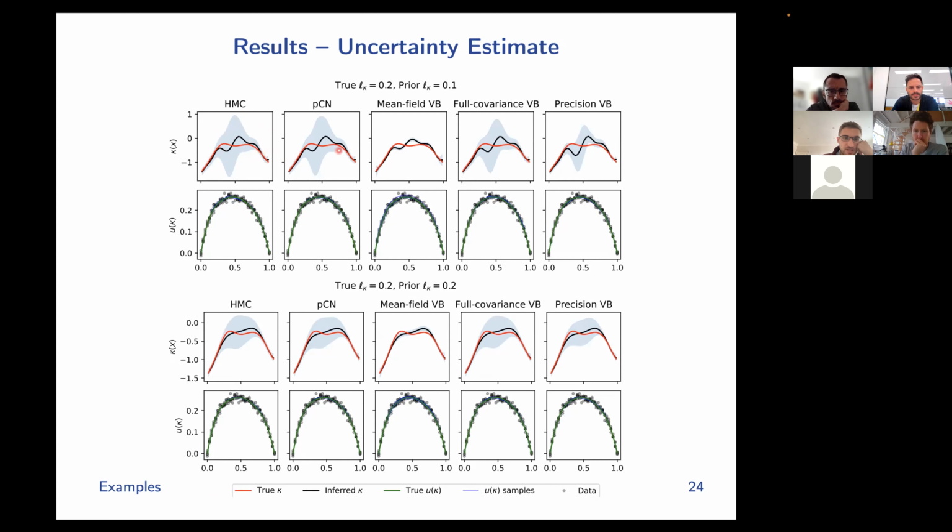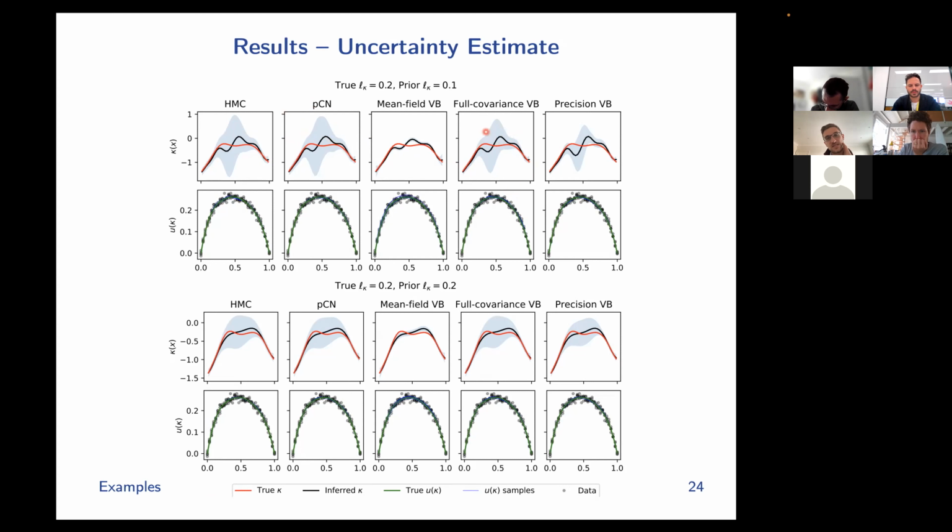As the gold standard that we compare to, we have Hamiltonian Monte Carlo and preconditioned Crank-Nicolson MCMC. These are MCMC methods, which have theoretical guarantees of convergence in the limit, but implementing these is not trivial, so we use them as the benchmark.